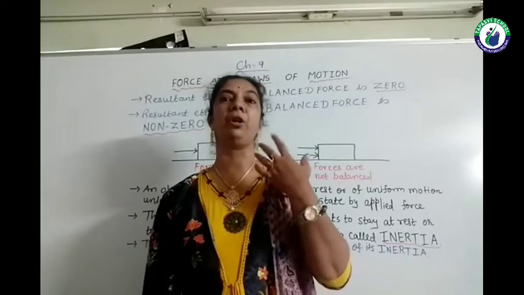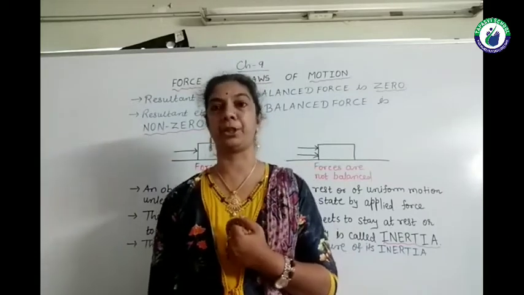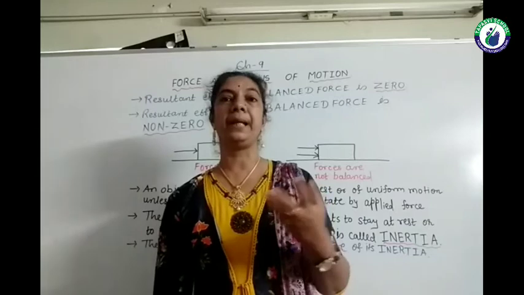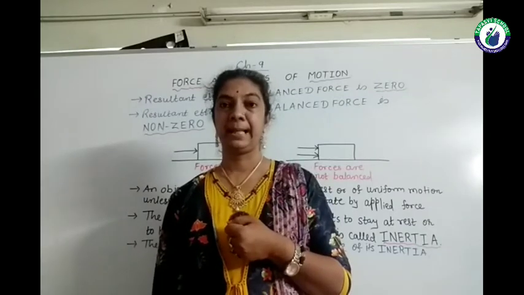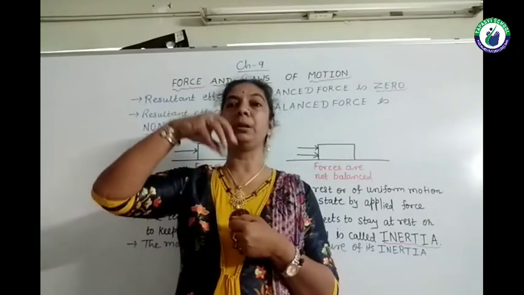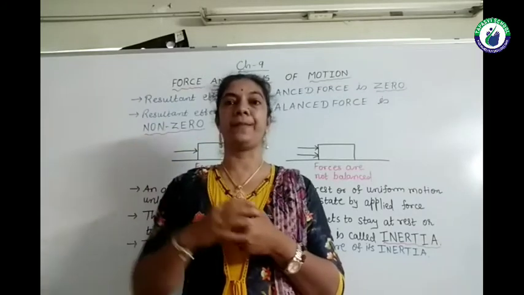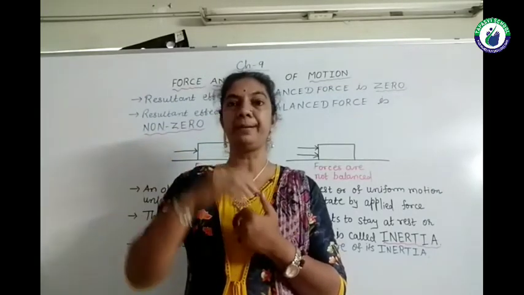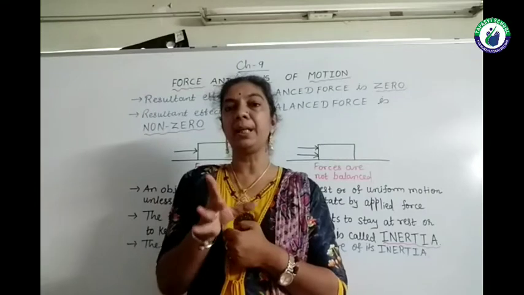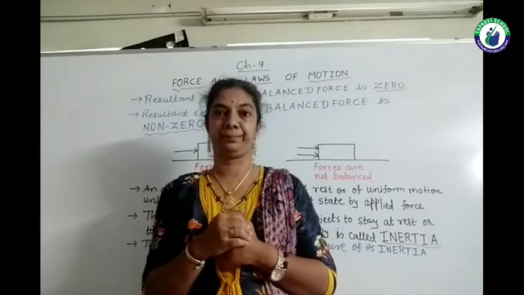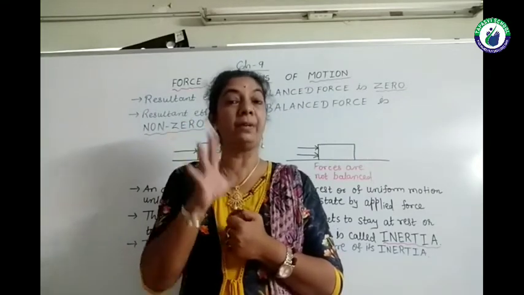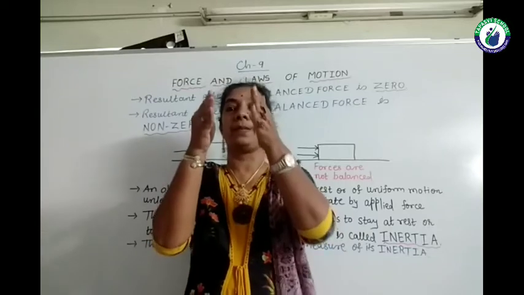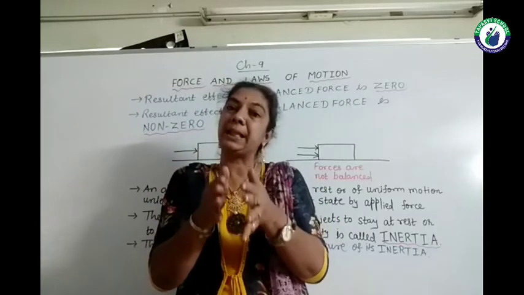Practically, we have lots of examples of inertia. You all play carom, and in that, make a stack of all the dice, a pile of that, and just strike the lower one. Only that lower one will come in motion, the rest of the stack will stay in the same position.